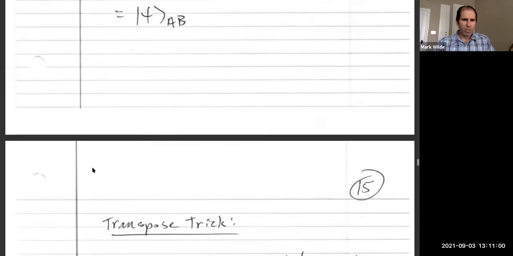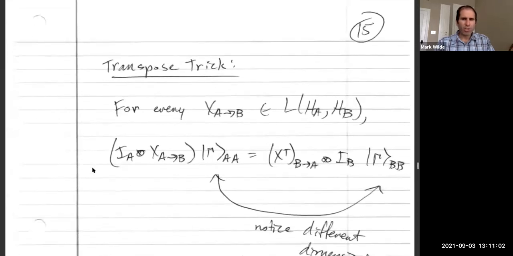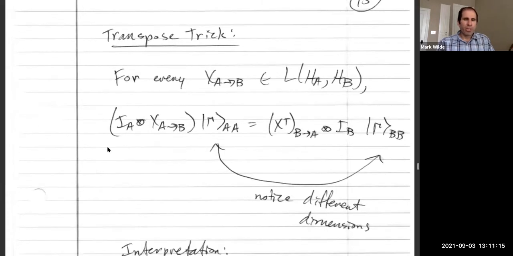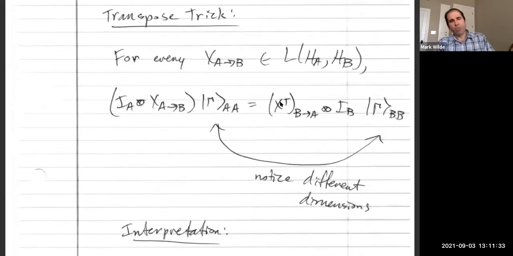All right, so let's continue. There's something else that we'll use a lot. We'll present it now as a mathematical trick. It does have a physical interpretation. So what is it? If I take an arbitrary linear operator, tensor it with identity, and act on the gamma vector, this maximally entangled vector, then that's the same as doing the transpose of X with respect to the basis.